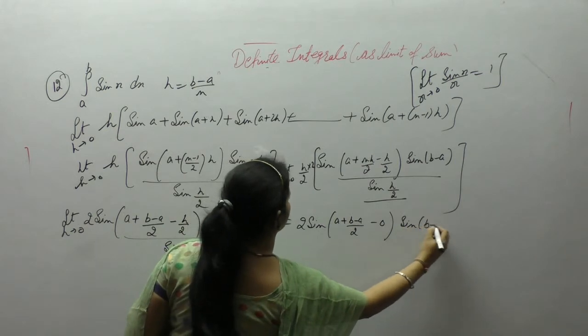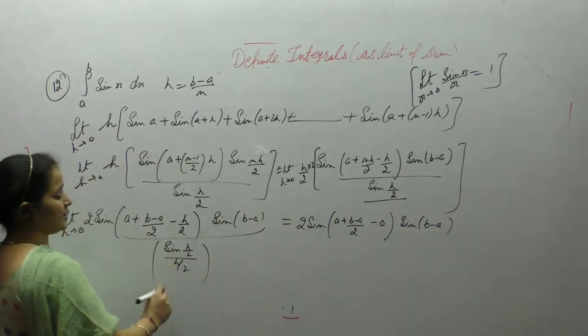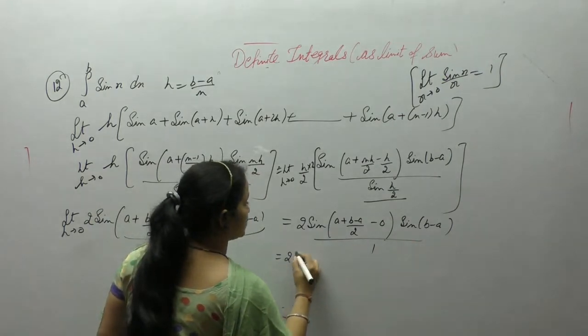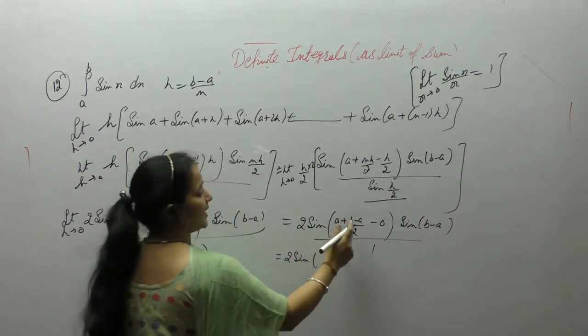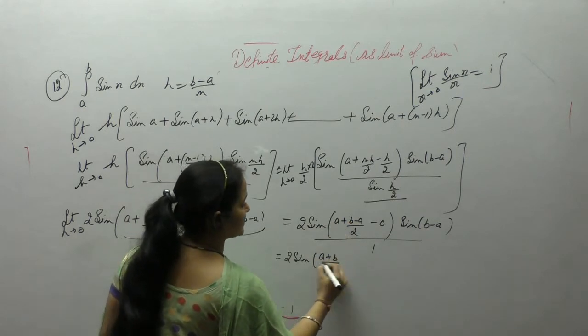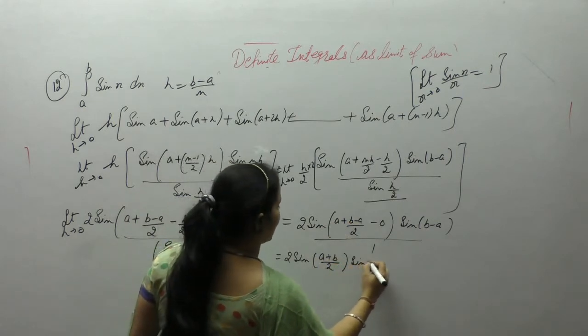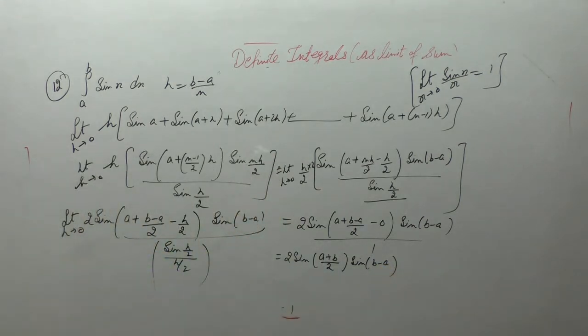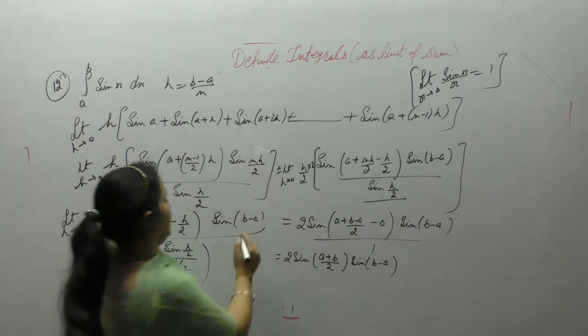Sin b minus a by 2, and limit h tends to 0 of this function is equals to 1. So 2 sin of (2a plus b minus a) by 2, sin b minus a by 2. That is 2 sin a plus b by 2 sin b minus a by 2.